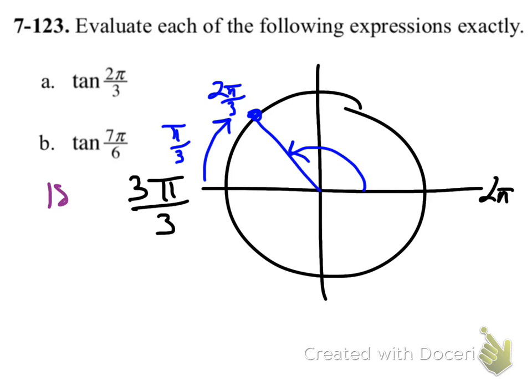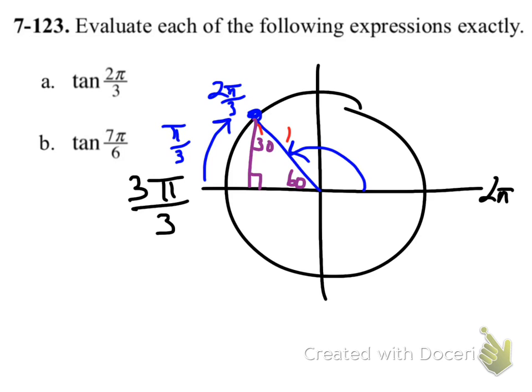If that's 180 degrees, well, a third of that, so a third of pi is the same as a third of 180, which is 60 degrees. So my reference angle is 60 degrees. That gives me this triangle right here. With 60 degrees there, there's my right angle. That's 30. So now I need to know my special right triangle information.